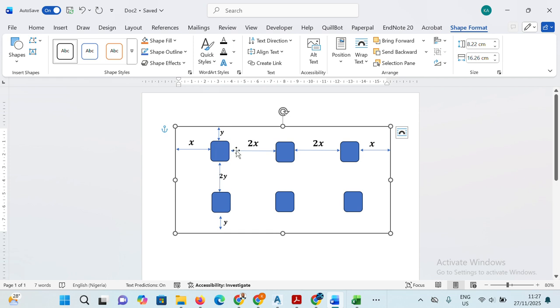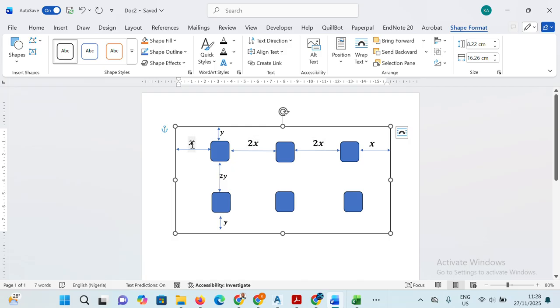Let's say we draw a square, sketch it, and place the terminal devices in this arrangement. Then you measure the distance from the first terminal device to the left wall as x, the distance between the individual terminal devices will be twice that distance, and to the wall again will be x.